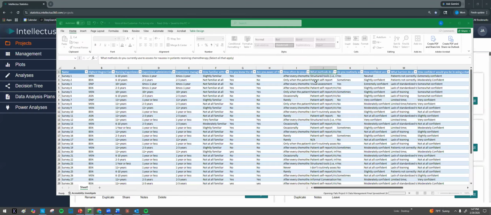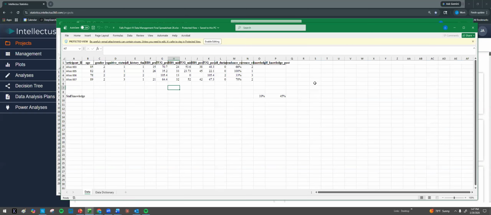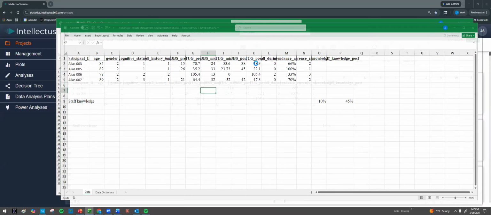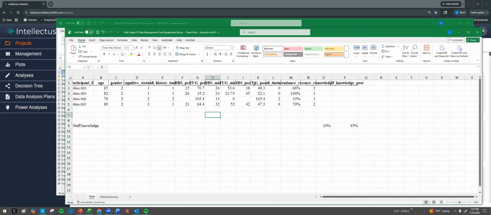This is the dictionary. I didn't have a big sample, even though we don't use sample in nursing. We say number of participants. That's what they want me to use.